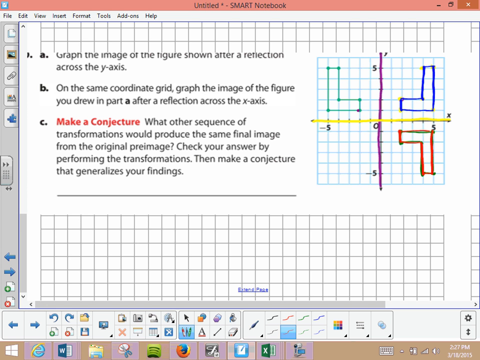Translation and rotation, right? So I can translate the green one to move this way exactly as it is, and then maybe move down exactly as it is, and then at a point, rotate, right? And then I will end up with the same image. That's pretty cool.